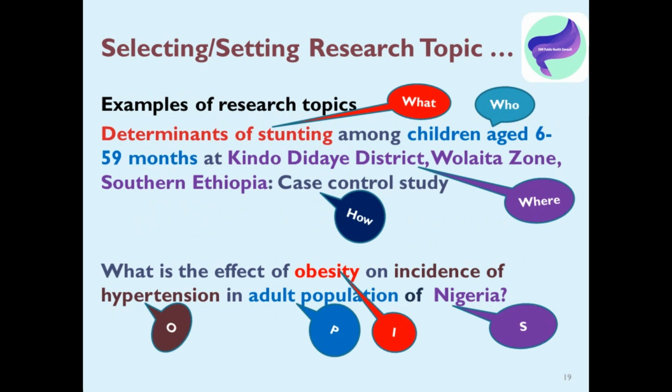Let's see examples of research topics. Determinants of stunting among children aged 6 to 59 months at Kindo Didaye district, Walaita zone, southern Ethiopia, a case control study design. In this topic, determinants of stunting is the what of a research topic.